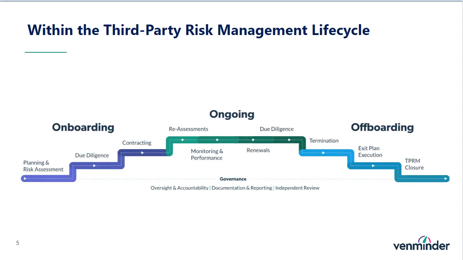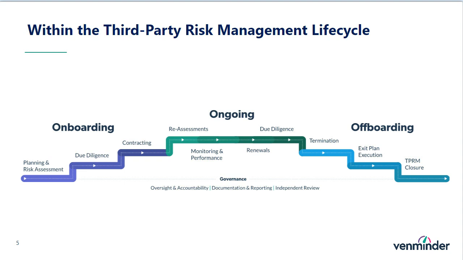Here's the third-party risk management life cycle. Many of you have seen this before. We released this earlier in 2022. And we're talking about issues management across the entire life cycle here.